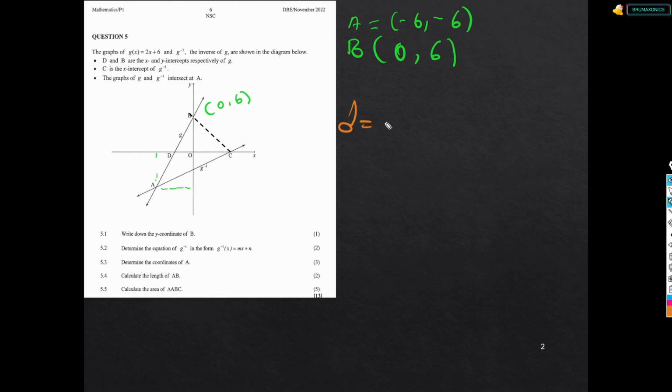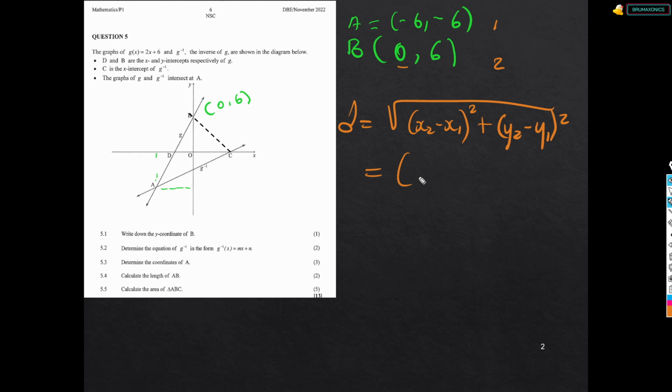So we can go and say d, which is the square root of x2 minus x1 squared, plus y2 minus y1 squared, and we have to square both sides. I'm going to start and say this is 1 and then 2.